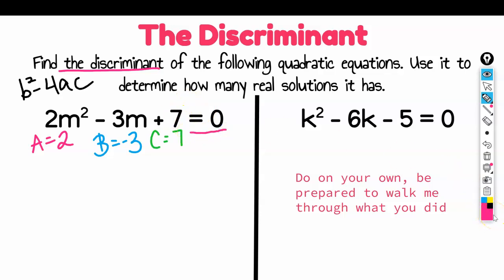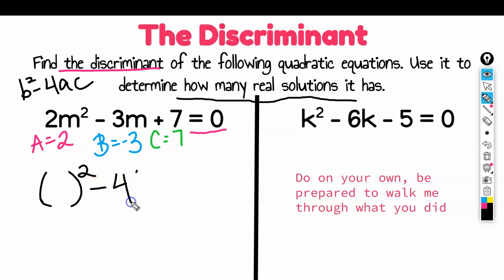That's what I want. Before I need to figure out A, B, and C, I need to check that it equals 0. So now I get to use my formula for the discriminant. Okay, because they're asking me to determine how many real solutions there are. So again, I replace those letters with the parentheses to show that I am replacing.